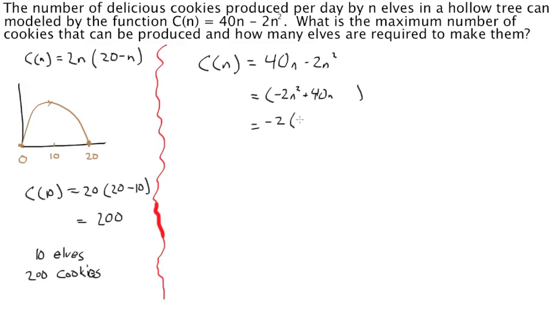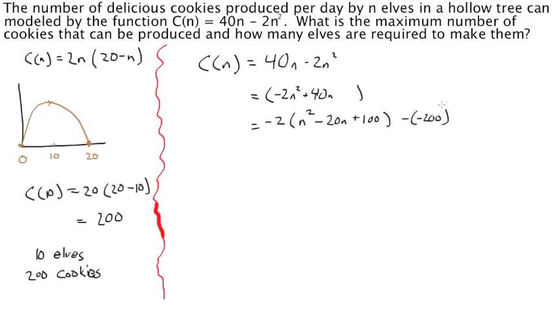When I factor this out, this becomes n squared minus 20n, and I'm going to leave some space because I know I need to add something to complete the square. What do I need to add? It's always going to be half of this number squared, so it's going to be 10 squared, so 100. Now, I haven't actually added 100, it's negative 200. So if I've added negative 200, to keep things balanced, I need to subtract negative 200.